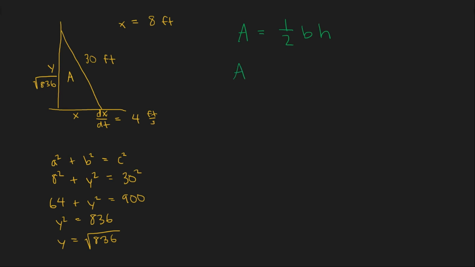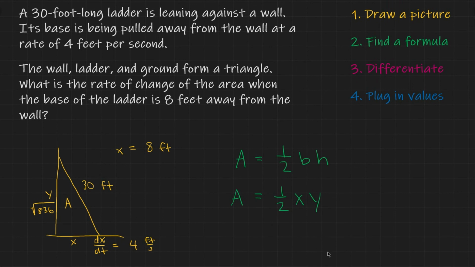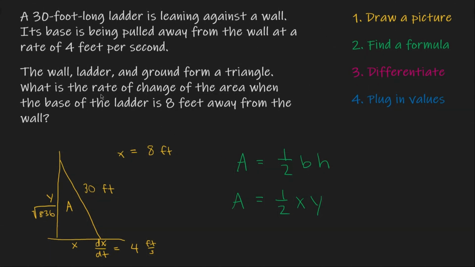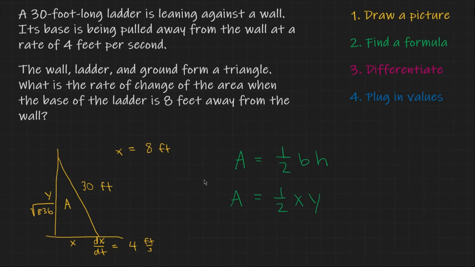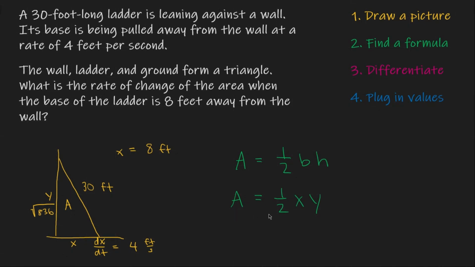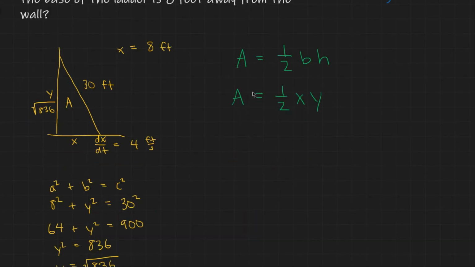So A equals 1/2 x times y. The problem is asking us to find the rate at which the area changes. So in order to do that, we need to differentiate implicitly with respect to time in order to find the rate of change with respect to time. So let's do that in pink.